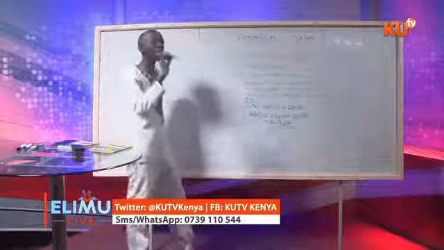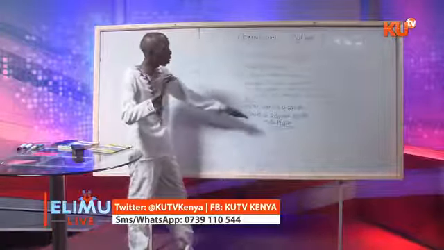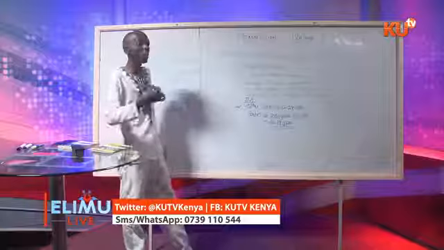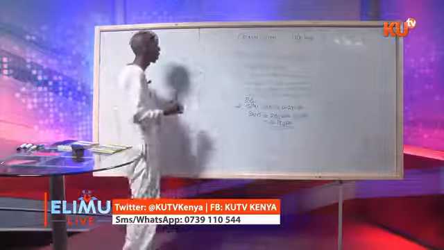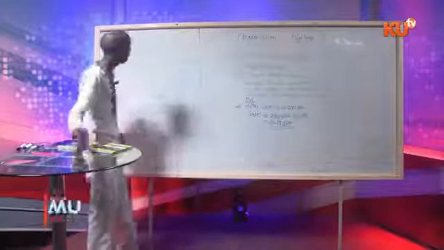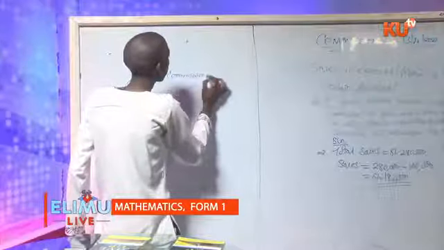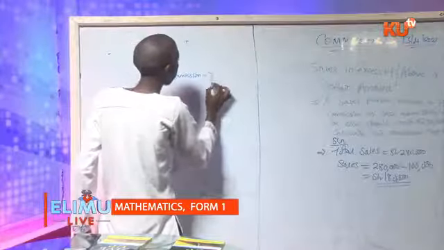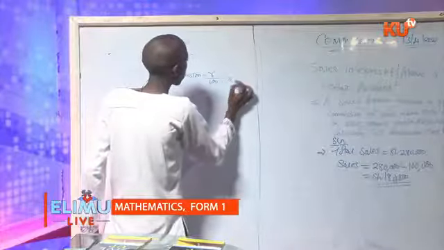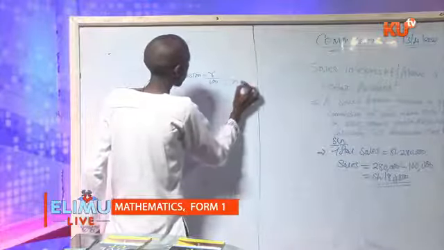Once you've gotten the sales from which you'll get the commission after subtracting the 100,000, now you can calculate the commission. Using our formula, our commission is given by the rate over 100 times the sales. In this case, the rate is 7%.